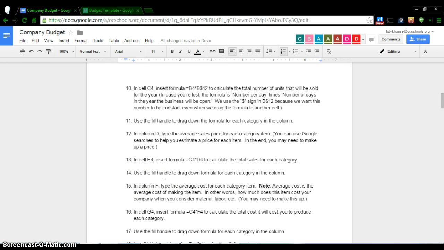For number 15, it says here in column F, type the average cost for each category item. And there's a difference between the average price and the average cost. This is asking you how much it would cost you as the business owner to provide this product or service.